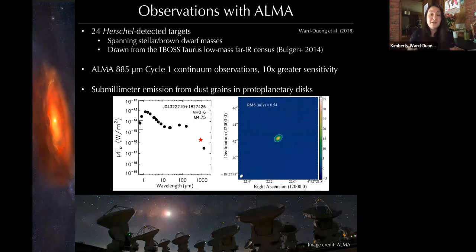They had 10 times greater sensitivity with ALMA than any previous facility, and really allowed us to understand, looking at the SED here, what the submillimeter fluxes of these disks were like in order to understand how much mass exists in dust around these objects. And here you can see a single, extremely clean ALMA map, showing the beam size in the lower left, showing that we're not only measuring the amount of submillimeter sized dust grains in these systems, but also starting to spatially resolve the sizes of these disks as well.